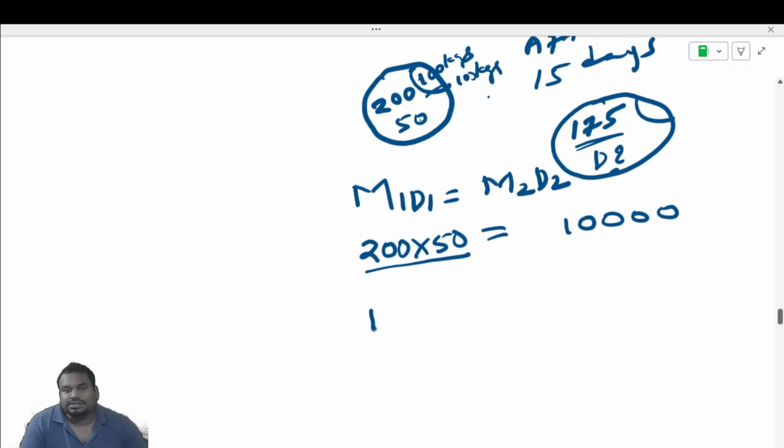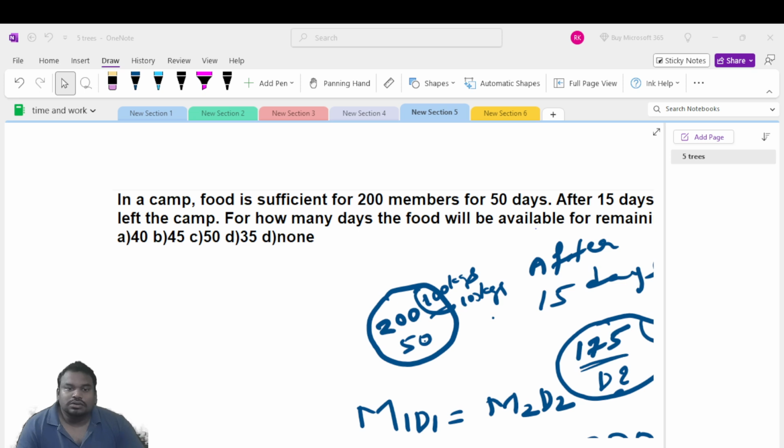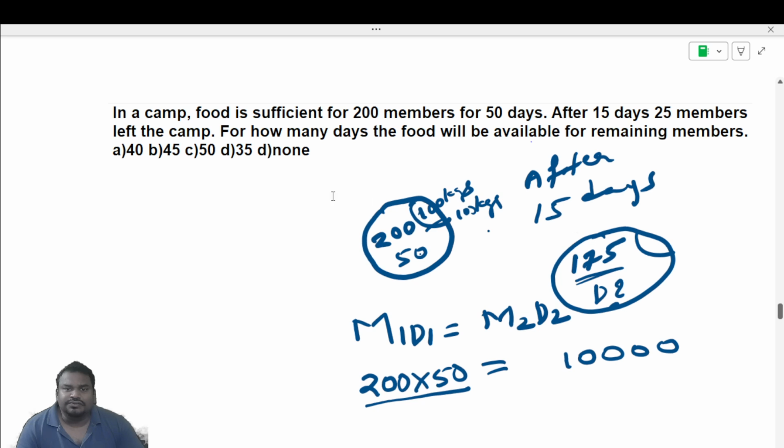Now, after 15 days, 25 members left the camp. Now you think, after 15 days, will the amount be 100 kgs only, or will it be reduced? Obviously, it will be reduced. So how much is left?